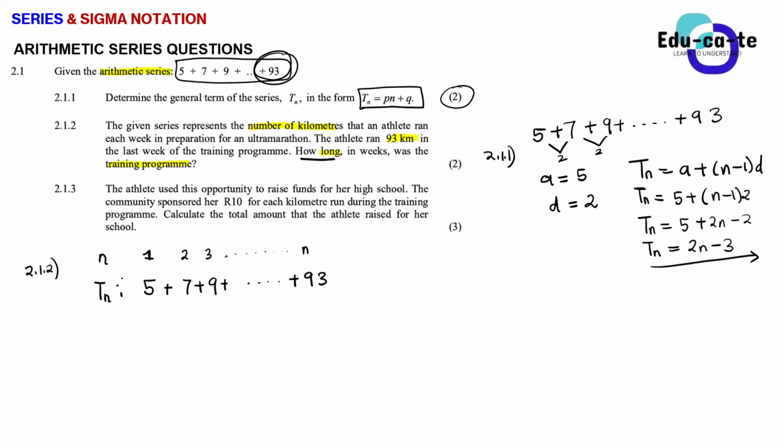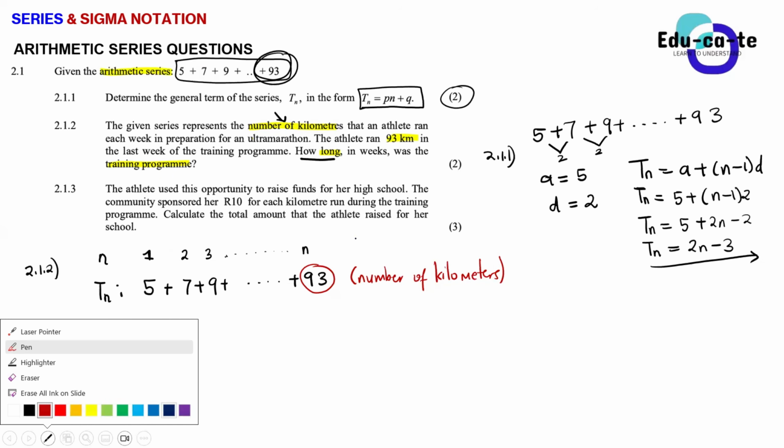Now they tell us that this Tn is representing the number of kilometers, because they say that the series we are given is the number of kilometers. So this Tn is the same thing as saying the number of kilometers that the athlete is running. So he ran 93 kilometers in the last week. Now the n here is representing the number of weeks that this athlete ran.